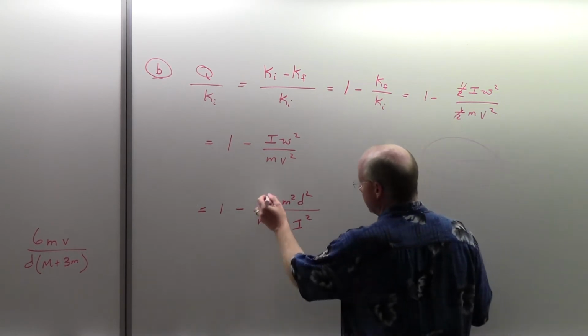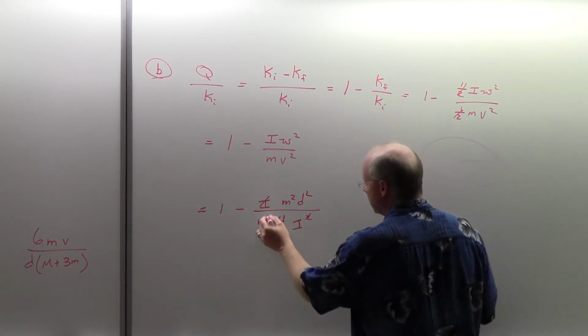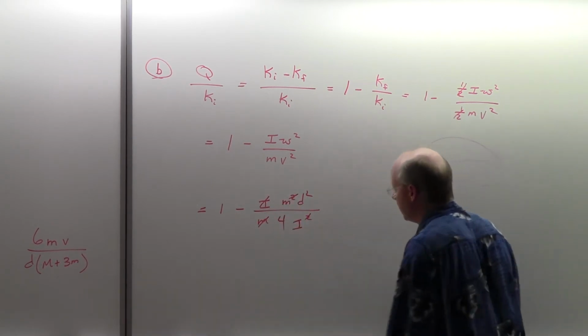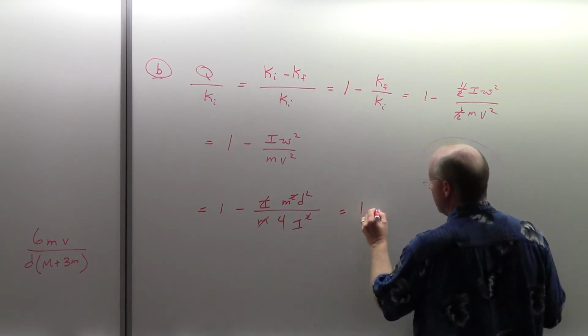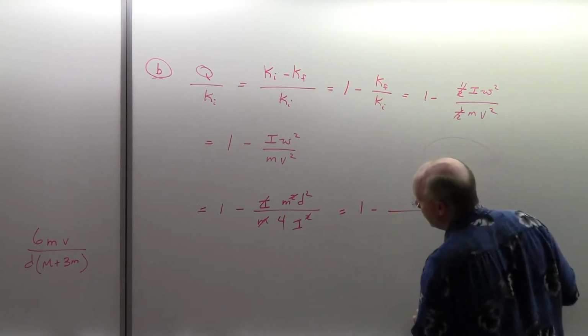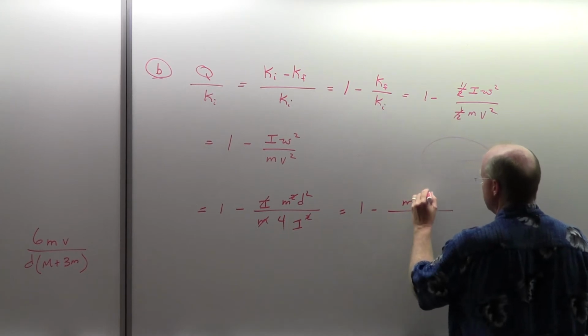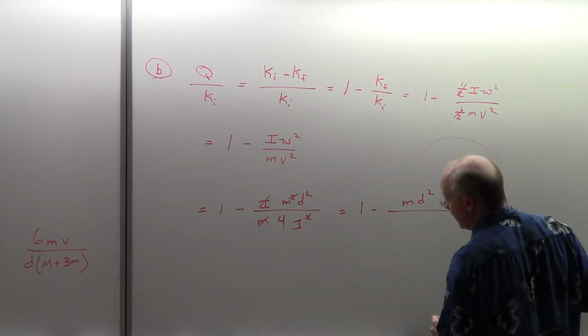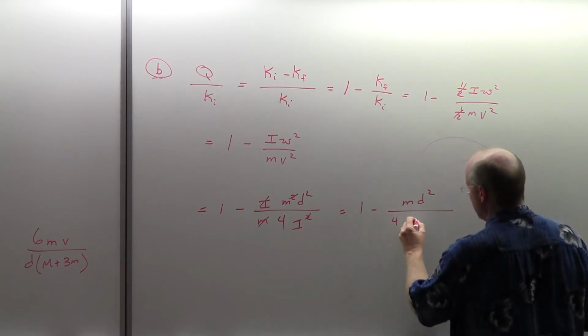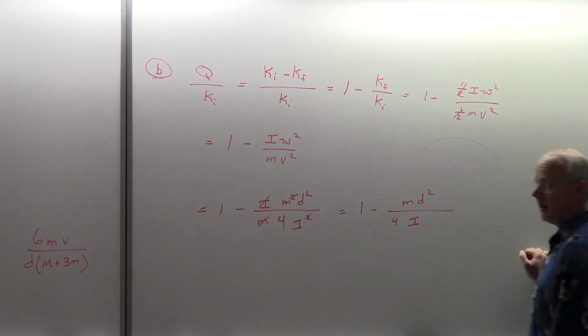And then we can cancel a few things. We can cancel one of the I's, and we can cancel one of the m's. So it's 1 minus, and in the top we have md squared, and in the bottom we have the 4I.